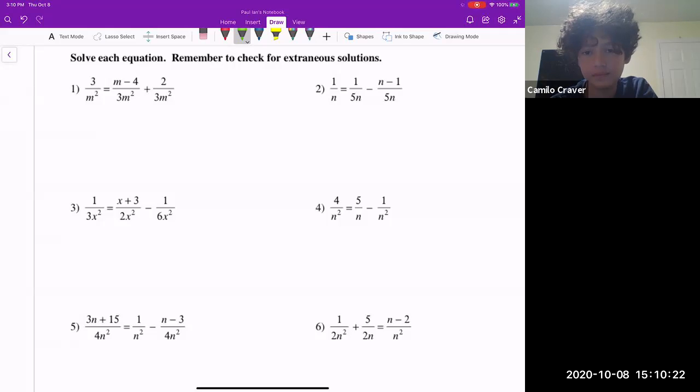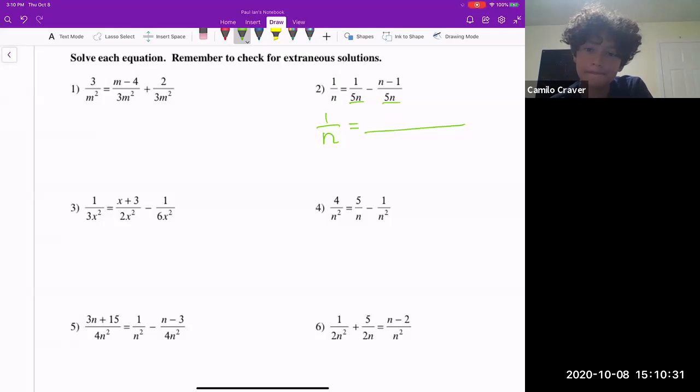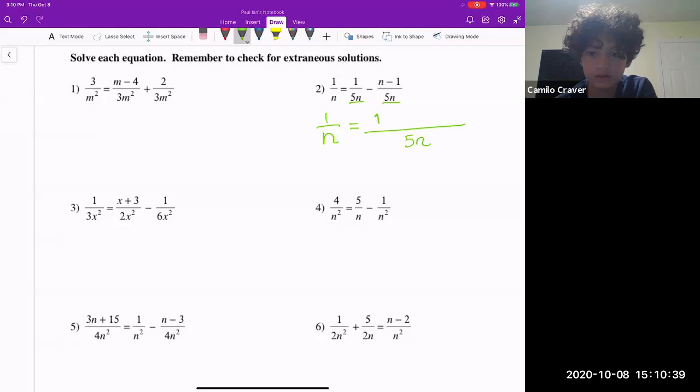Let me see, 1 over n. So this is the same denominator, right? Yeah. So you write it like this, and then what do you do at the top? n minus 1 minus n minus 1.